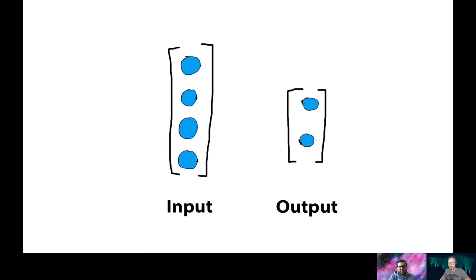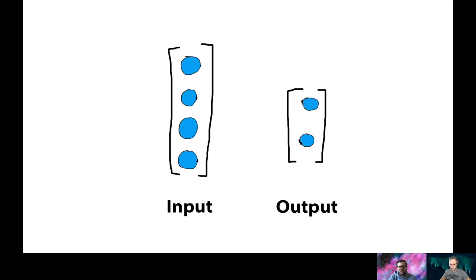So when you run an AI model, whether it's image recognition, fraud detection or speech recognition, all you're doing is saying, here's a bunch of numbers, do a calculation on them, and then a bunch of numbers come out the other end. Sometimes it's a small number, like in this case, where you've got two numbers come out, and sometimes a whole ton of numbers come out. But ultimately, an AI model is just a mathematical calculation that takes a bunch of numbers in at one end and gives you some numbers at the other end.